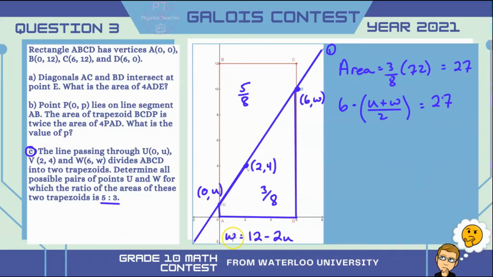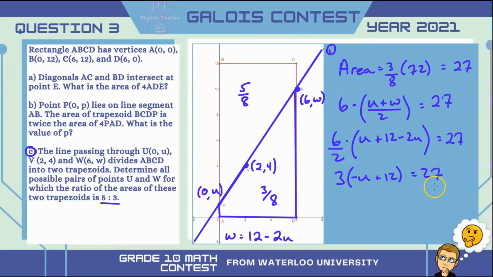Now, since I know that w is 12 minus 2u, I can replace w in this equation. So 6 times (u plus 12 minus 2u) all over 2. We can bring the 2 out on this side. Is equal to 27. Or 3 times 6 over 2 is 3. u minus 2u is just negative u plus 12 is equal to 27.